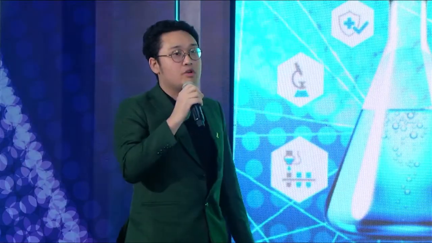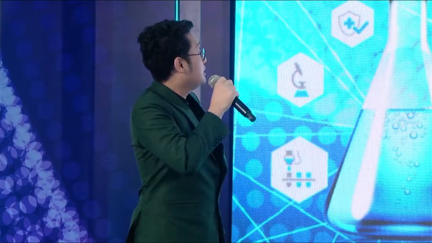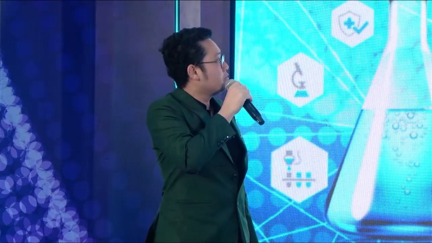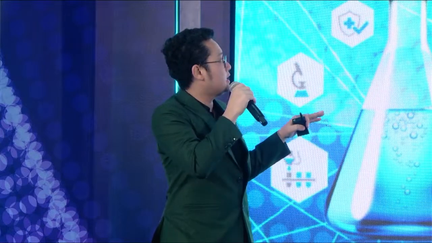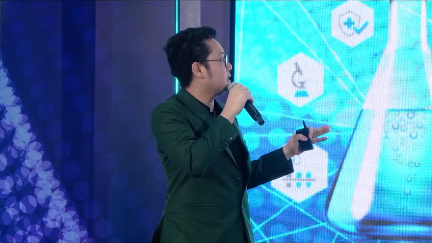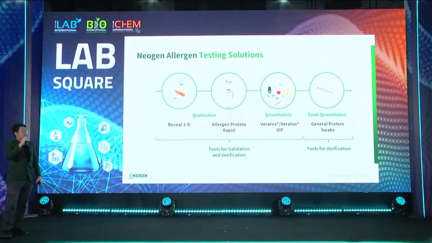Now I will show you how Neogen can be your partner in allergen solutions. We have qualitative products, including Reveal 3D or the Allergen Protein Rapid kit as a lateral flow device, quantitative products, including Veratox or Veratox VIP, and a semi-quantitative product, the General Protein swab.